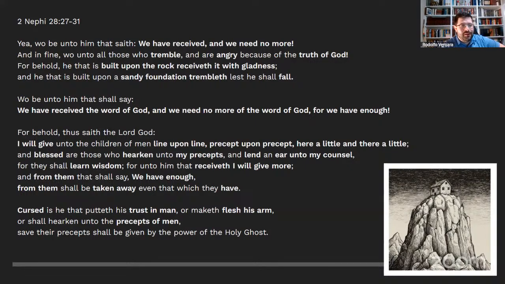And one thing that I really found amazing to read, in 2 Nephi 29, we have that the Lord will increase the lame, or people who have no knowledge will receive more knowledge, and so forth, which is the idea where this passage, Second Nephi 27 and 28, comes from.